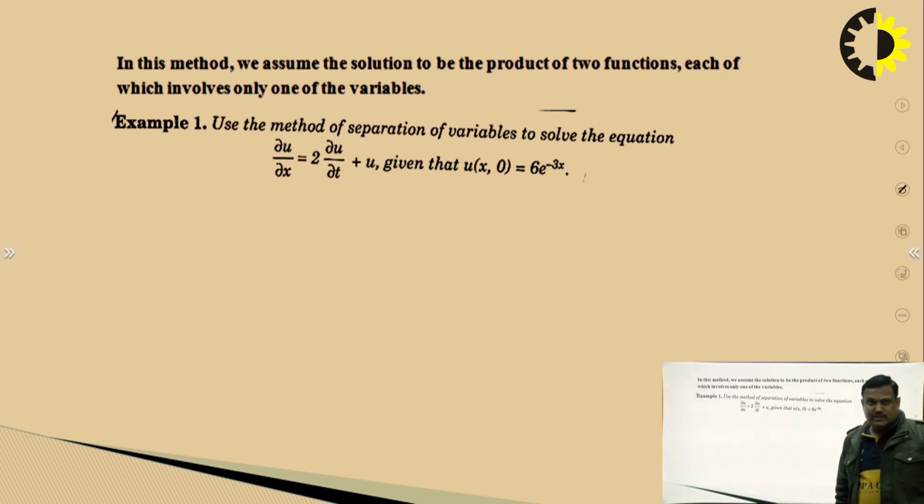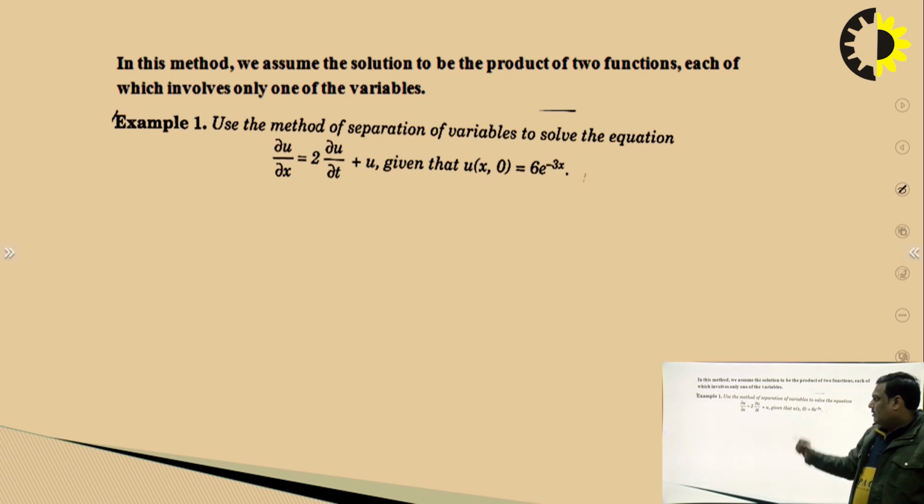Now, we will discuss by example the actual procedure for solving with this method. Use the method of separation of variables to solve the equation del u upon del x equals 2 del u upon del t plus u. And as we discussed, the condition is important. Here the condition is u(x,0) equals 6 e to the power minus 3x, which is the initial condition.